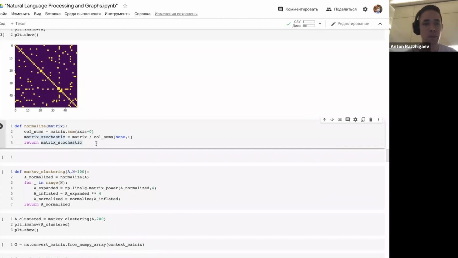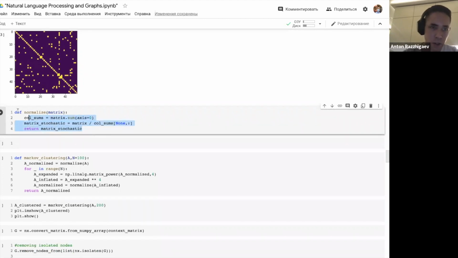The next step is normalization. We need to normalize the columns of this matrix so that they sum to one. This is a function for normalization of columns of a matrix.